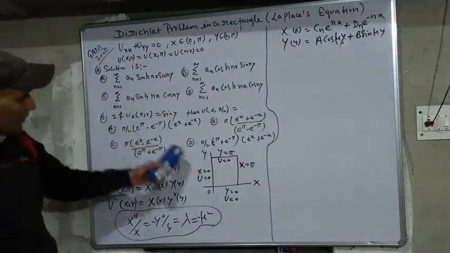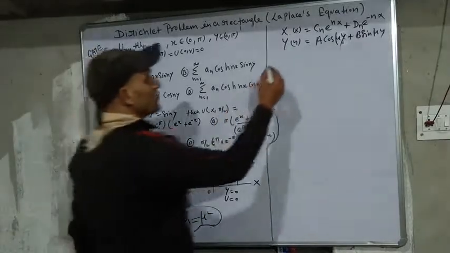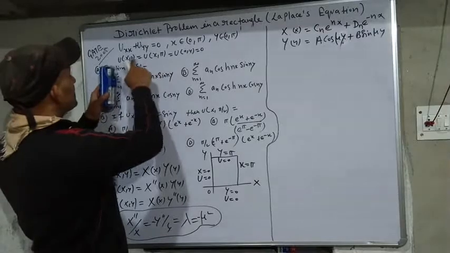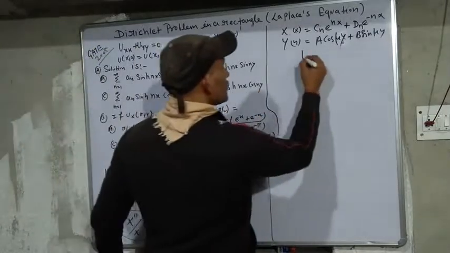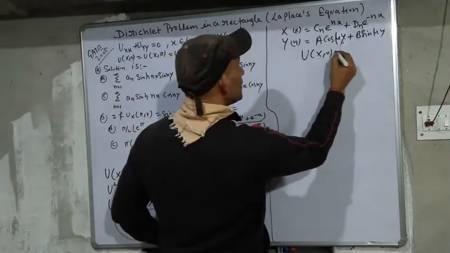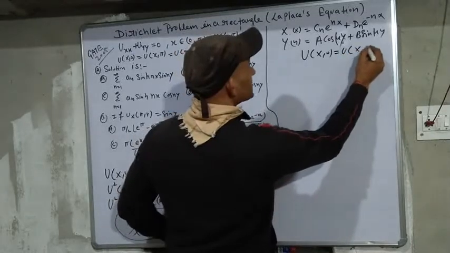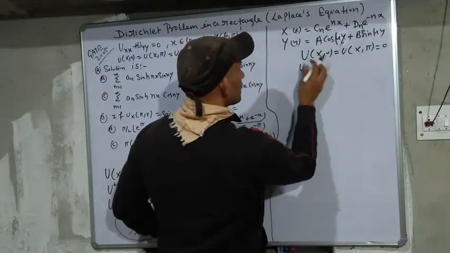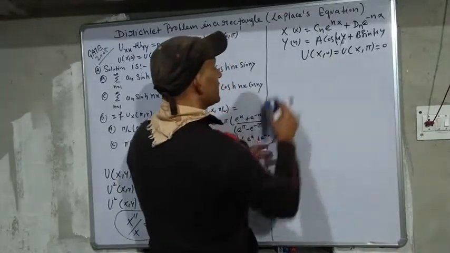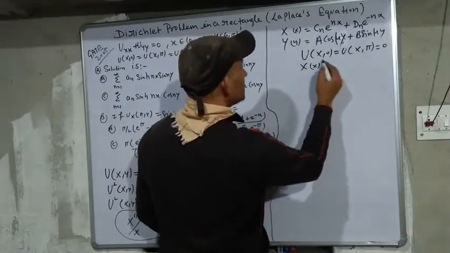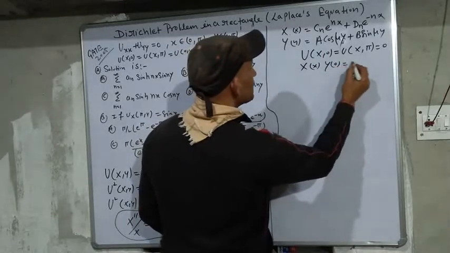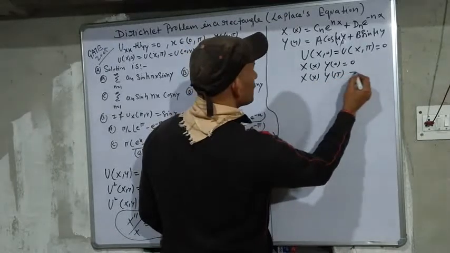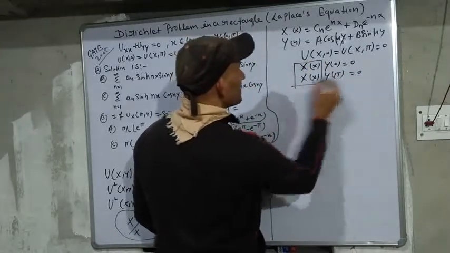Then you put the boundary value conditions. u(x,0) is equal to u(x,pi) is equal to 0. It means X(x)Y(0) is equal to 0 and X(x)Y(pi) is equal to 0. Both are the same.